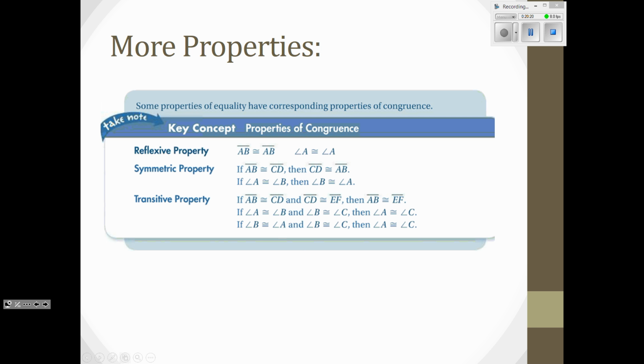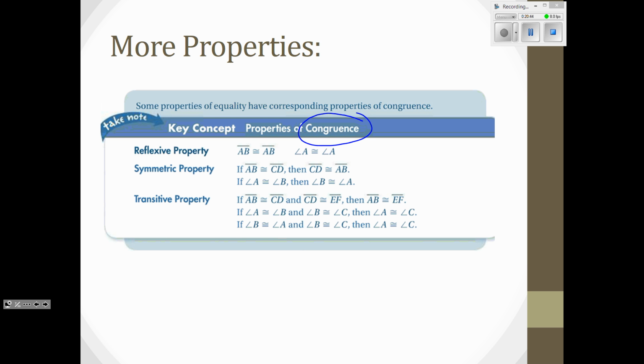Now, we said that congruence only deals with shapes, and that's still true here. So the reflexive property of congruence says that some angle is congruent to itself, or some line segment is congruent to itself. And when we say congruent, what we really mean is that it's the exact same length and size and has the exact same angle. Everything about it is the same.